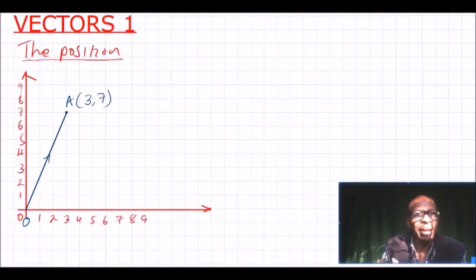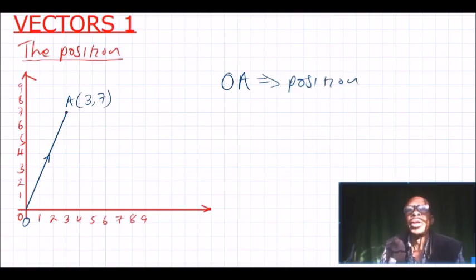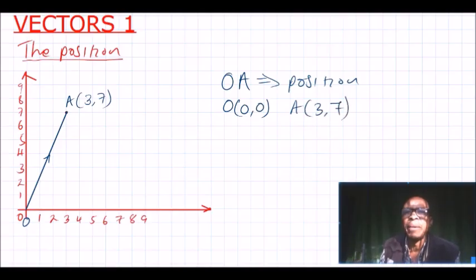So OA, a vector from the origin, refers to a position vector. Numerically, since O is (0, 0) and A is (3, 7), the displacement is from 0 to 7.